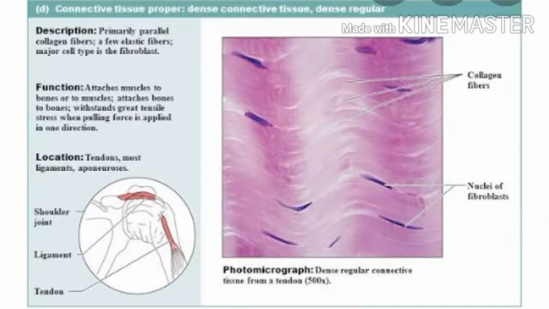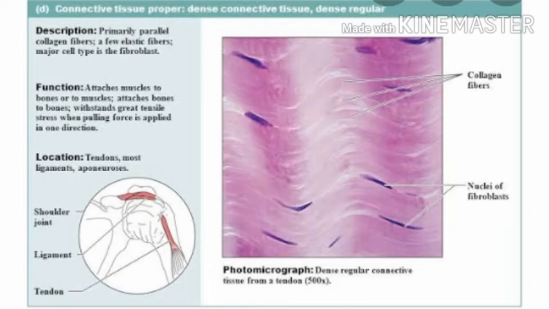We know that connective tissue is made up of matrix in which there are fibers. If the fibers are arranged closely and in a regular pattern, we call it dense regular connective tissue. There are two types of regular dense tissue, tendon and ligament.